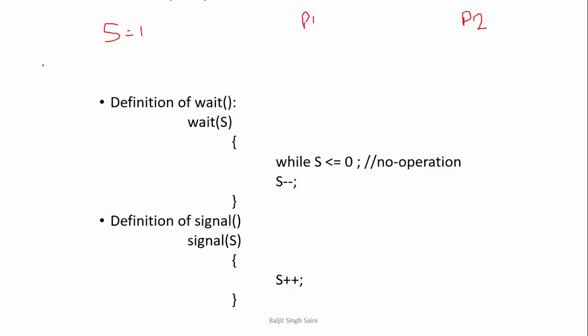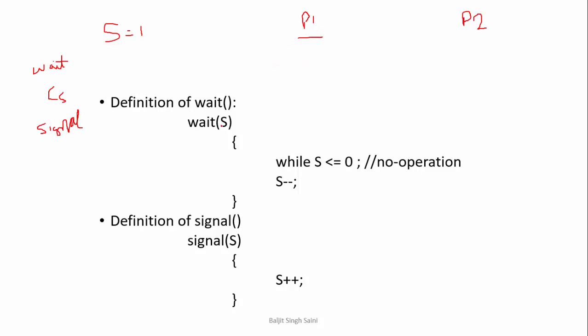Now the general method of using semaphores is that first you call wait, then there will be critical section, and then there will be signal. Okay. Now once the process P wants to enter the critical section, it will call wait.